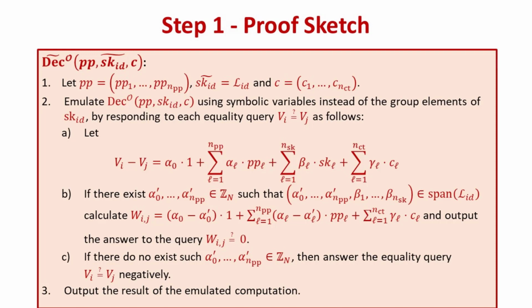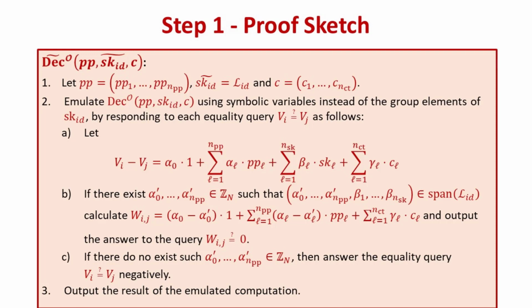These are the generator of the group and the group elements included in the public parameters and ciphertext. At this point, we would like to replace the linear combination of the symbolic variables in this difference with a linear combination of the generator and public parameters.